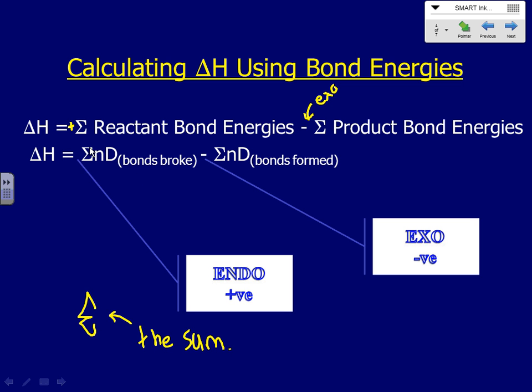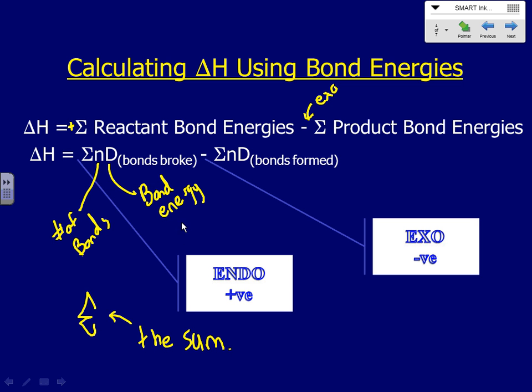This is another way of writing the same thing. N simply means the number of bonds, and D simply stands for the bond energy for that particular type of bond.